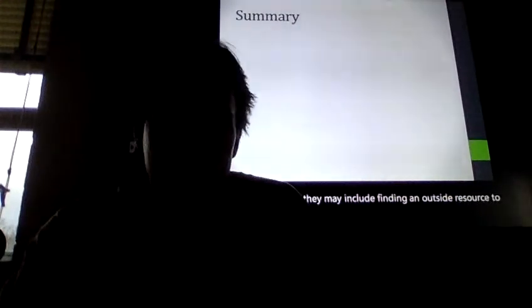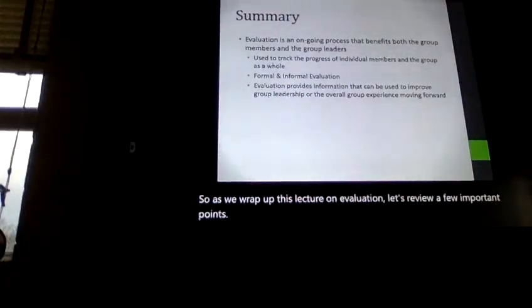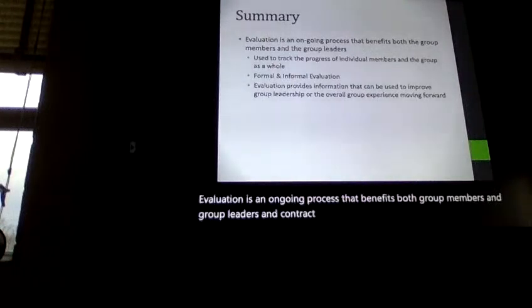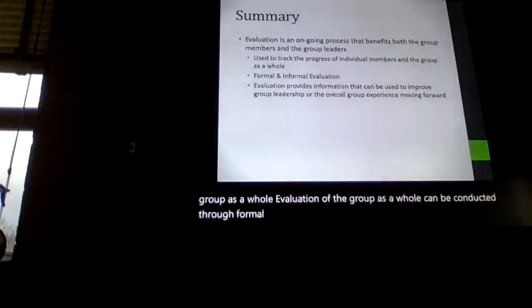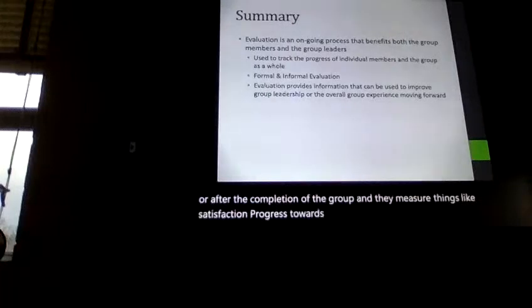So as we wrap up this lecture on evaluation, let's review a few important points. Evaluation is an ongoing process that affects both group members and leaders and can track the progress of individual members and the group as a whole. Evaluation of the group as a whole can be conducted through formal measures like surveys or scales that members fill out during or after the completion of a group, and may measure things like satisfaction, progress towards goals, and group process.